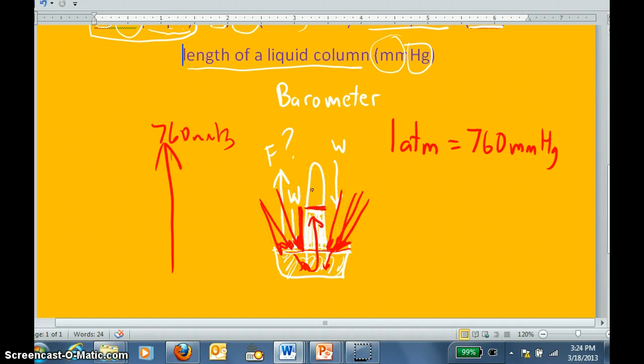Now, if you used a less dense liquid, if we made our barometer out of water, for instance, water is almost 14 times less dense than mercury. So of course, with the same pressure pushing the water downward, since the water doesn't weigh anywhere near as much, it could be supported much higher.